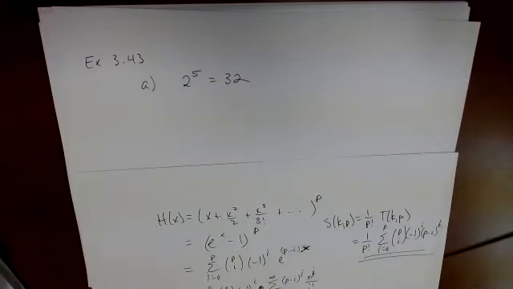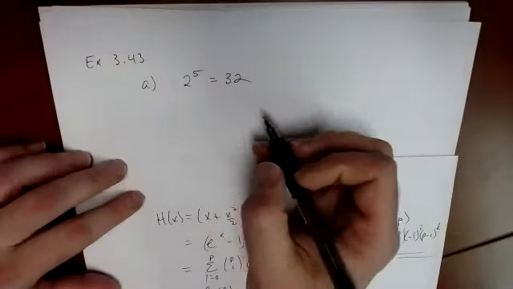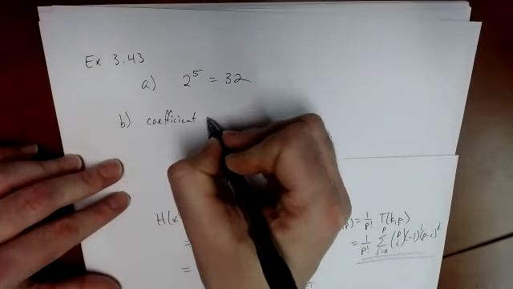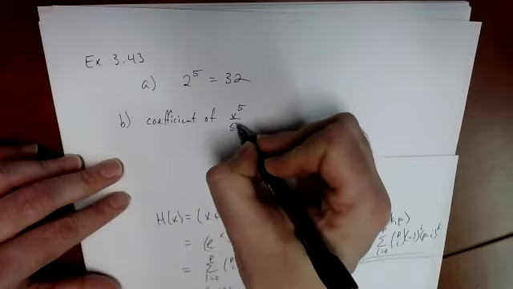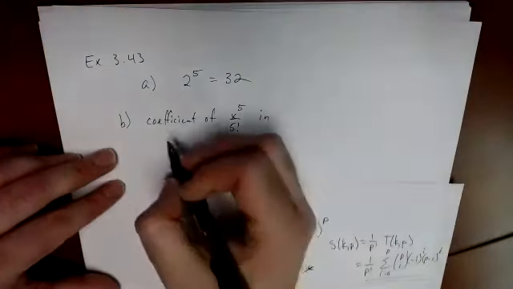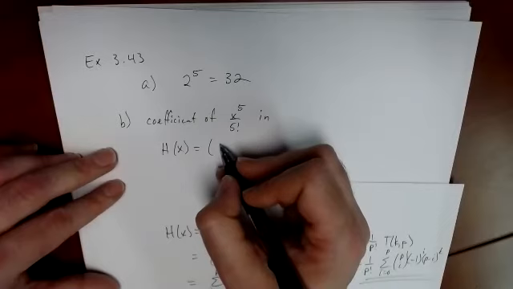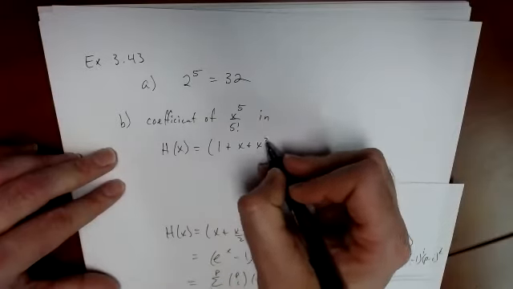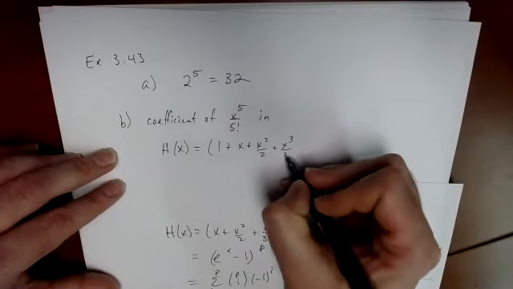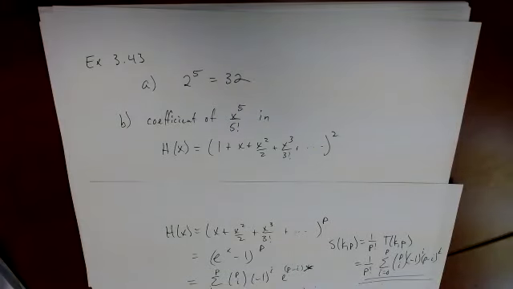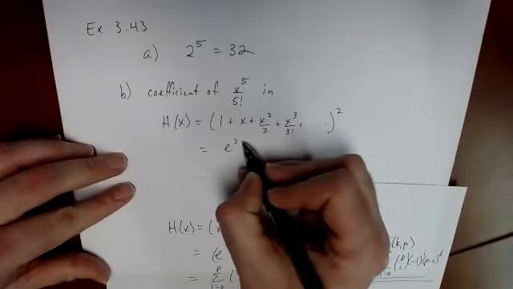After I do that, I've got to come up with another way. So we could look for the coefficient of x to the 5th over 5 factorial in the exponential generating function h of x equals, here empties are okay, so that's 1 plus x squared over 2 plus x cubed over 3 factorial, and so on, squared. Now that one's actually not too bad because this is e to the 2x.